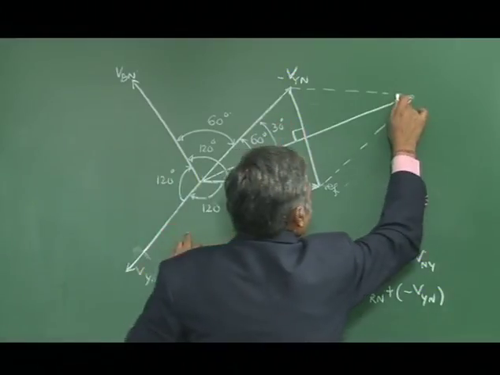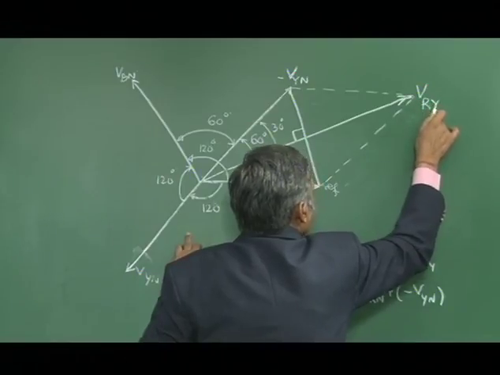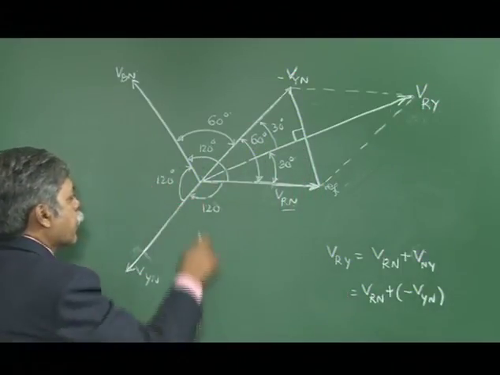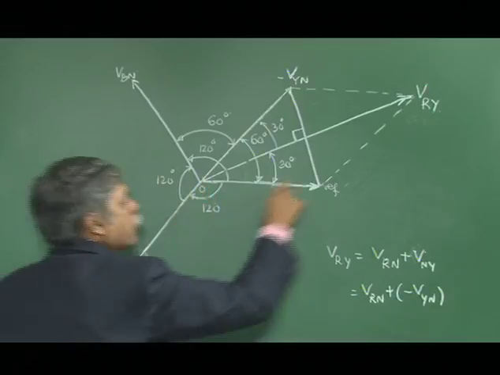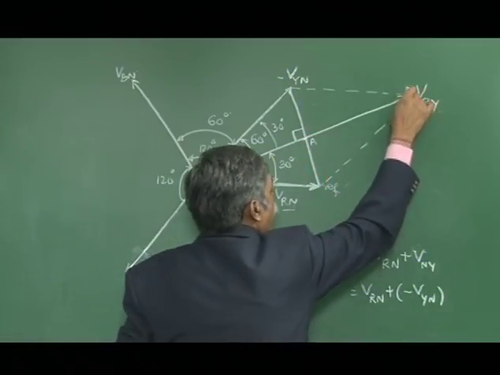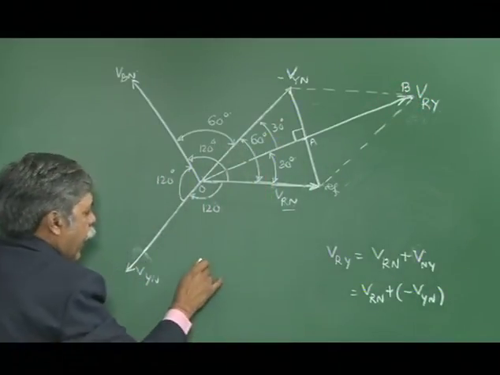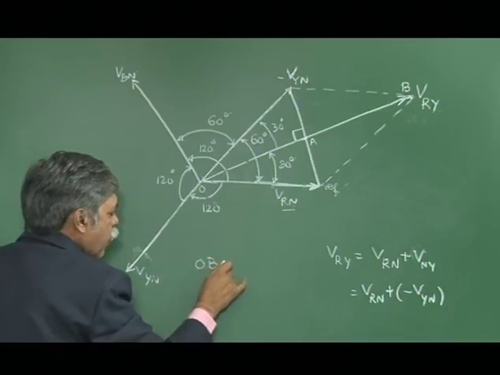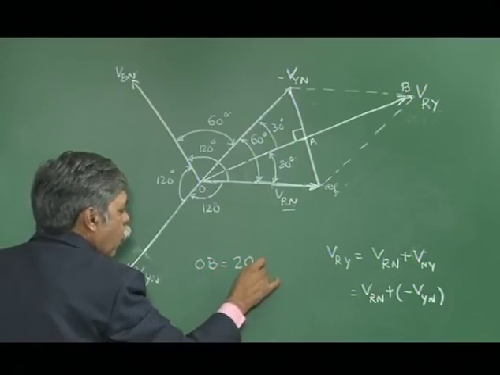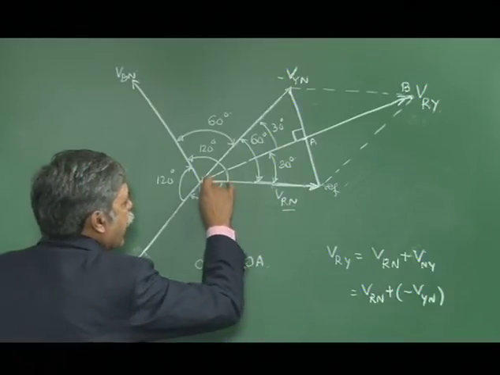The longer diagonal represents the line voltage VRY. Taking this as origin O, A as the bisecting point and B as the other end, in the parallelogram I can write OB is equal to 2 times OA. Now I have a right angle triangle here.